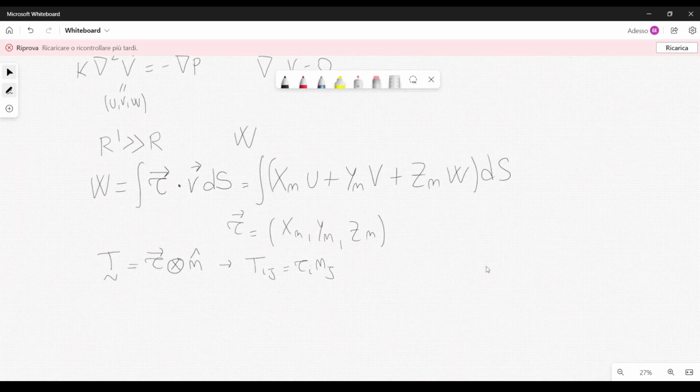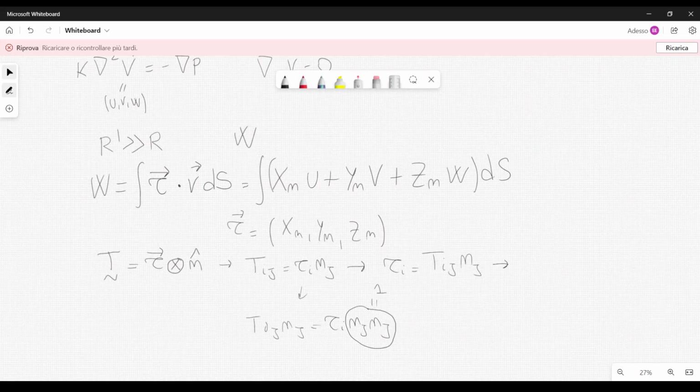From this expression we can also find that tau i is equal to Tij nj, where in this case we have to sum over j. If we multiply by nj both terms, we have tau i nj nj, and we sum over j. When we sum over j, this is the unit vector, so that's equal to 1.